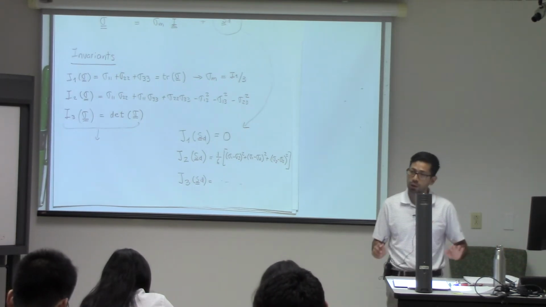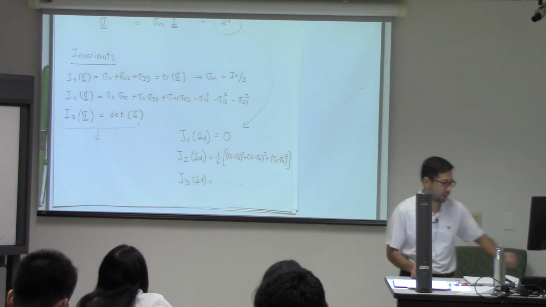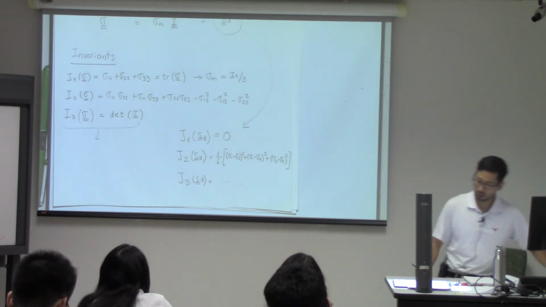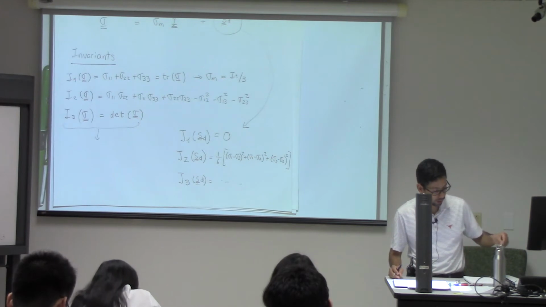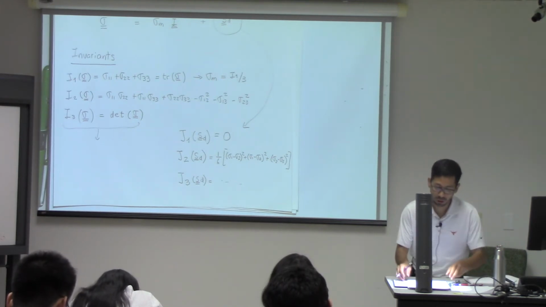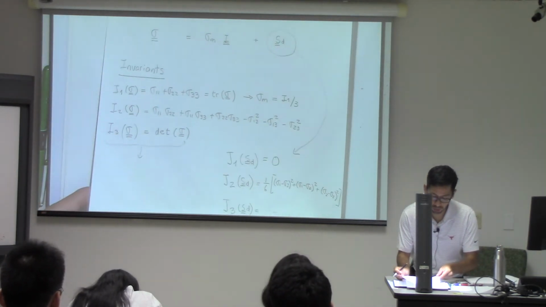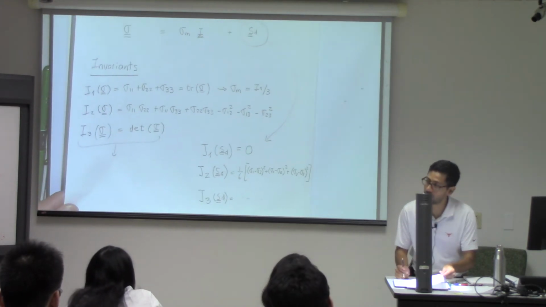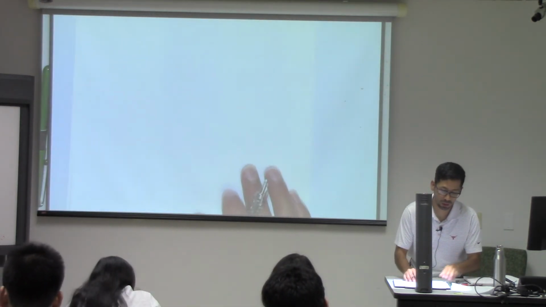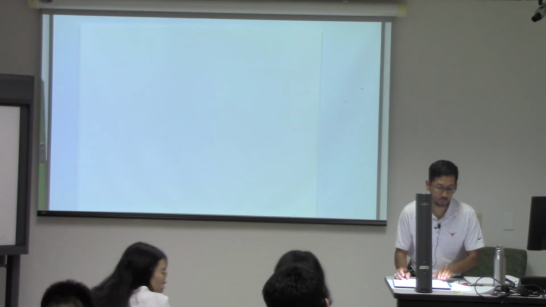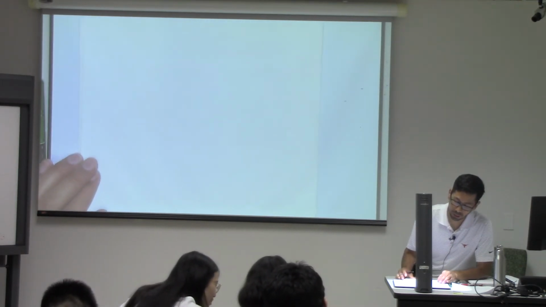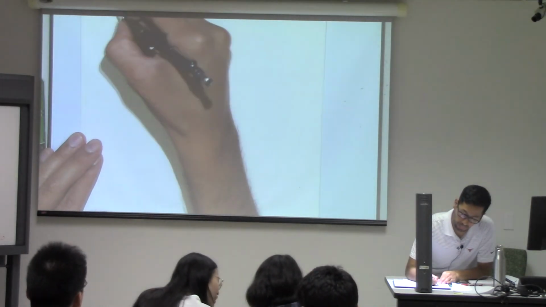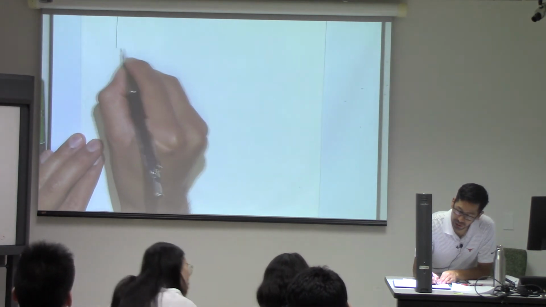All right, so let's try to understand why these are important, I1 and J2. We can make plots of I1 and J2.